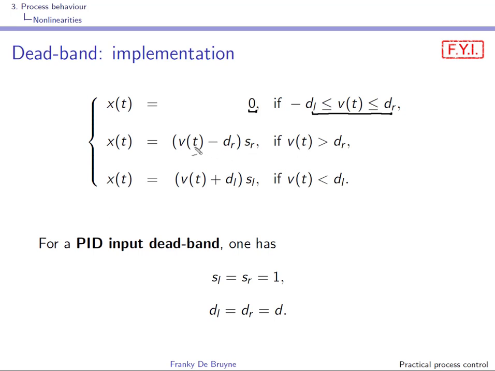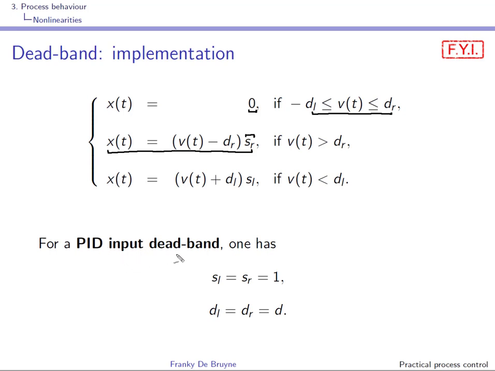If you put v(t) equal to dr, the end of the dead zone to the right, you have an output of 0, and if you go further, this has to be with a slope to the right of SR, hence this implementation of the output, and you have something very similar to the left of the dead zone.